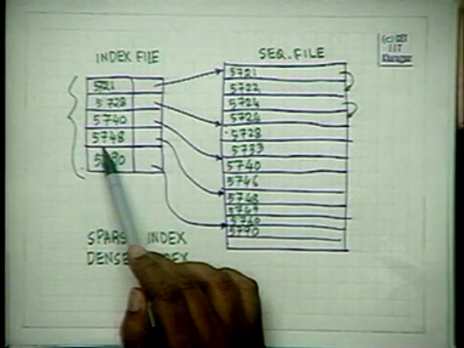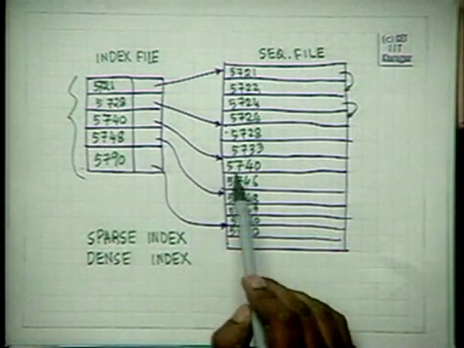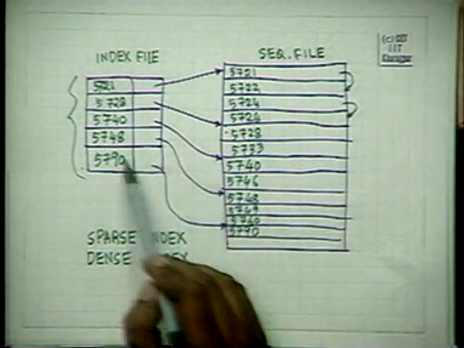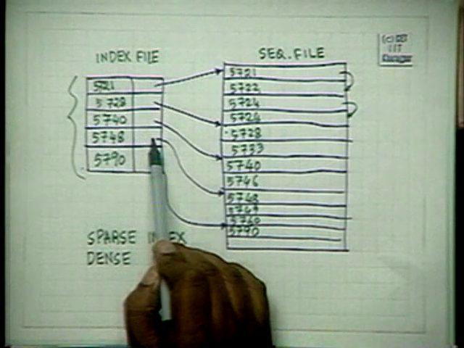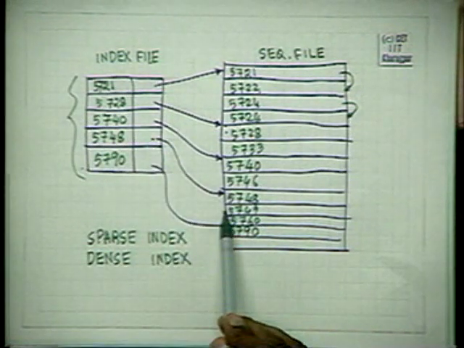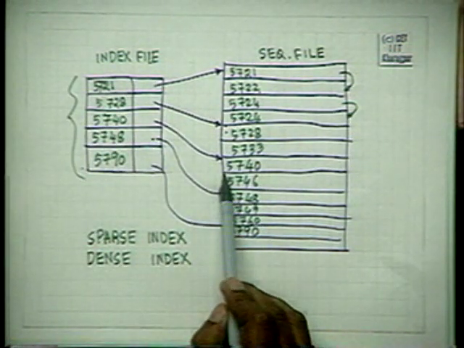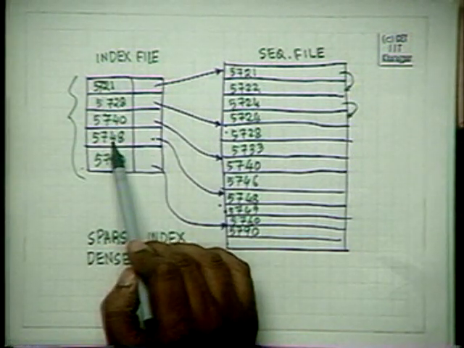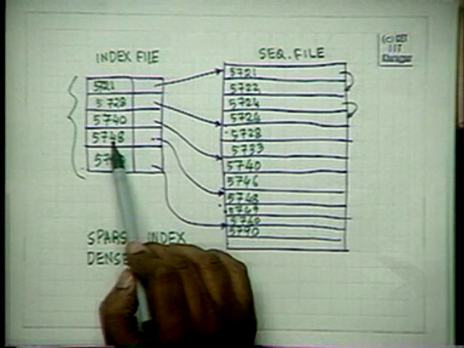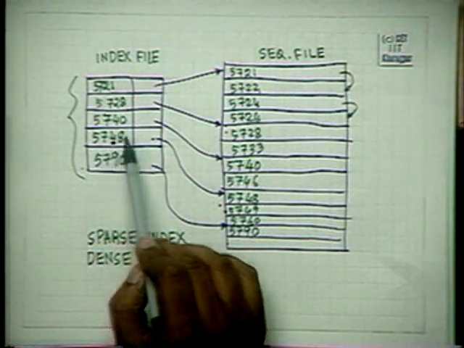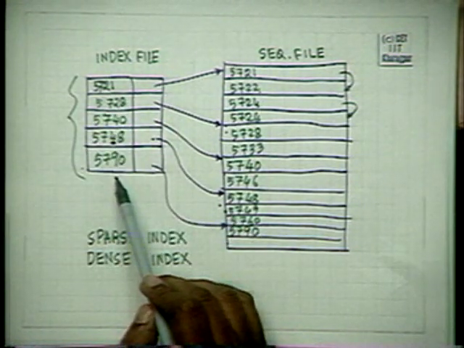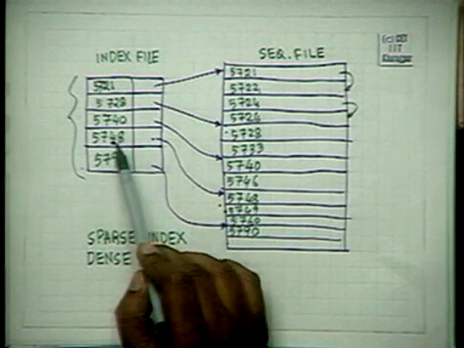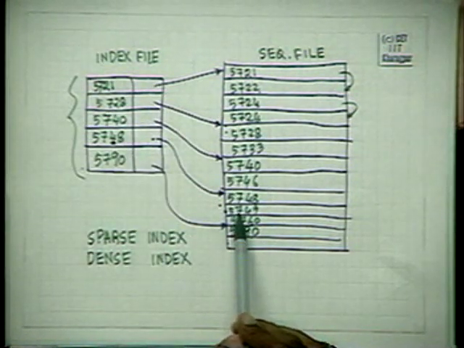But in a sparse index, suppose I delete 5748, then I may have to replace it by 5749 and put it here. If it is a sparse index and I want to utilize the indexing space, then instead of just deleting, I may replace it by another one.